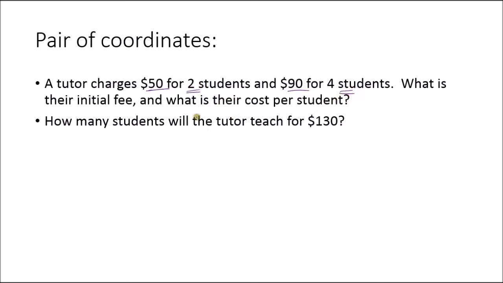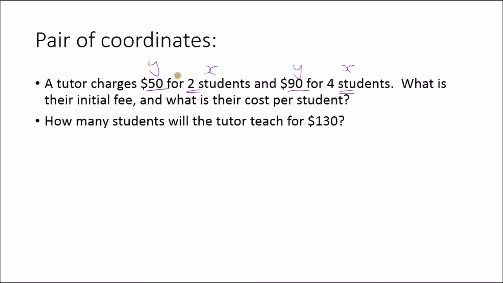Now, this is also one of these times when I've got to think about what depends on what. It kind of tells you this here. A tutor charges $50 for 2 students. So my money depends on the number of students. Now, if I've got two coordinates, then I can calculate my gradient using the y2 minus y1 over x2 minus x1 formula.